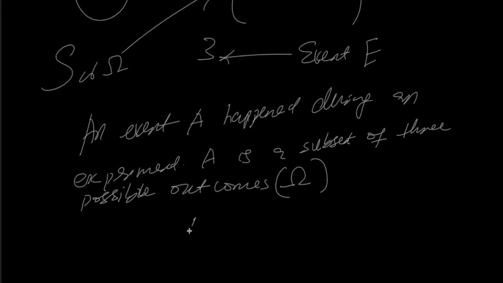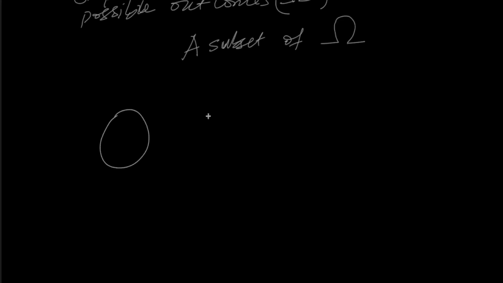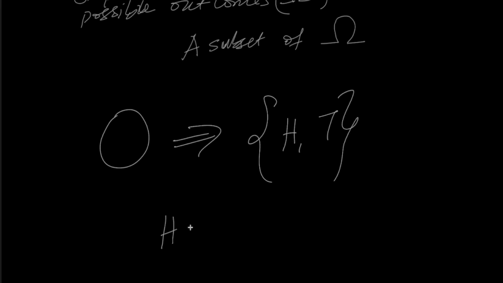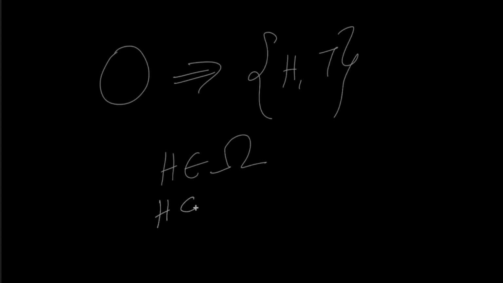So we say A is a subset of omega. Remember, subset. For the coin, the possible outcomes are either head or tail. So H is an element of omega, or we say H is a subset of omega. And omega is all the possible outcomes.